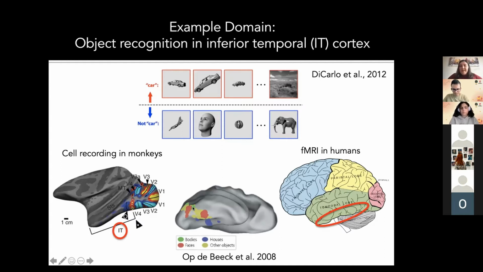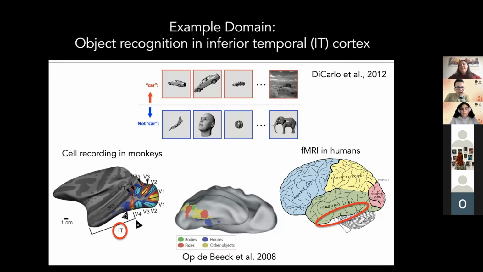For example, the green areas show selectivity for bodies, the red areas show selectivity for faces, some other areas show selectivity for houses or scenes, and then there are yellow areas that are selective to other objects. So early on, people thought that there are all these category-selective patches in the inferotemporal cortex. So there are all these modules.